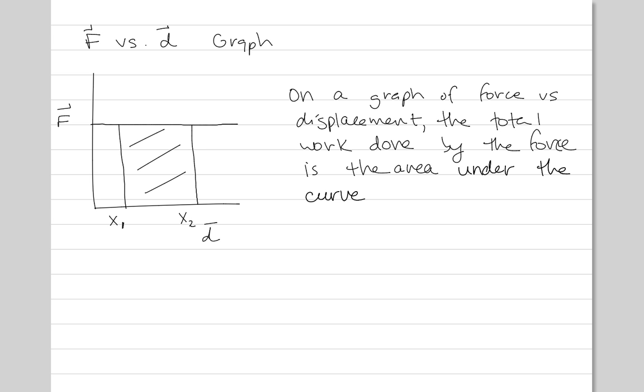And for the most part in physics 20, it won't be a curve, it'll just be a straight line. And then when you get to math 31, you'll understand that this is the integral, but that's calculus. So right now you're just going to assume that the work is the area under the curve, and usually it's a straight line. Put it between the initial and final positions, and that's it.